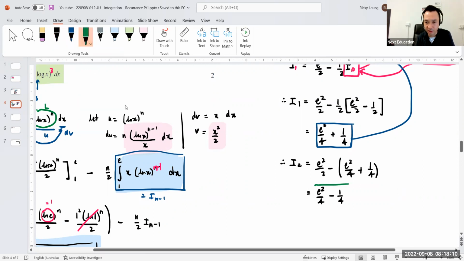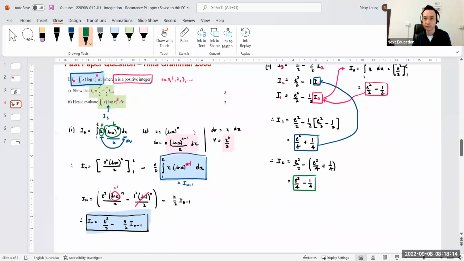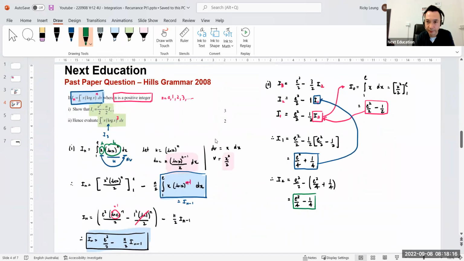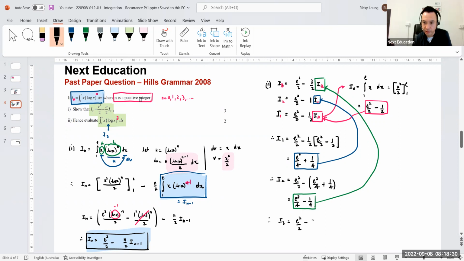Then, guys, one more color there. That's I2, and then this guy goes into here. Let's see if I can do it zoomed out. I3 equals e squared on 2 minus 3 on 2, e squared on 4 minus a quarter.